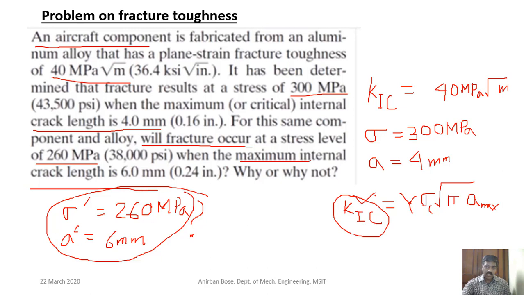Now K1C is given, sigma C is known, A max is known. So from this expression you find out what the Y is.